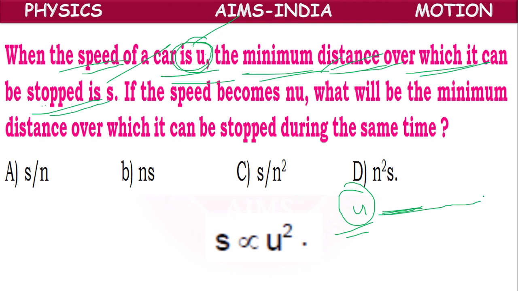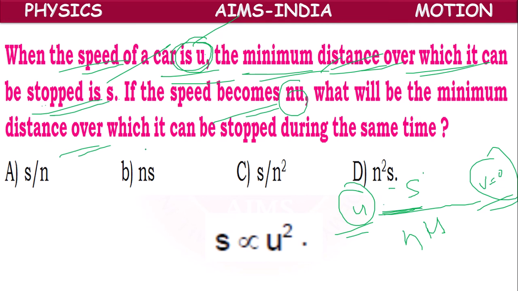It should be stopped, meaning v equals 0, after traveling a minimum distance. If the speed becomes nu, then what will be the minimum distance over which it can be stopped during the same time?